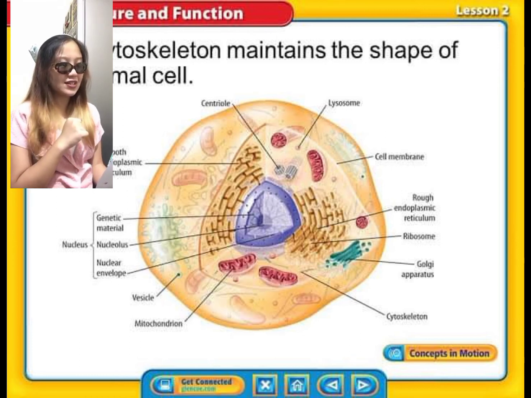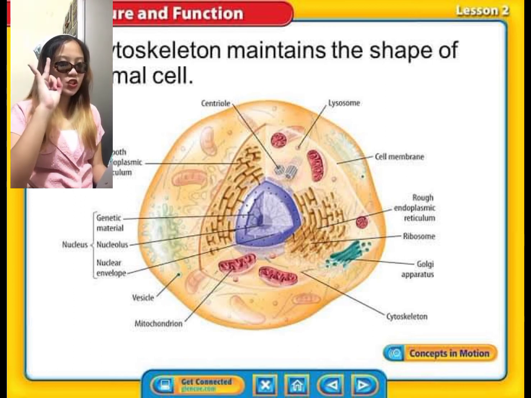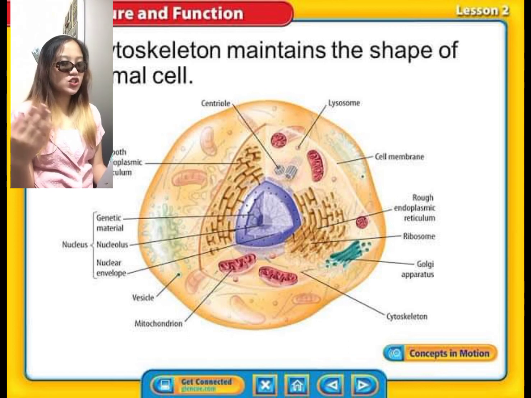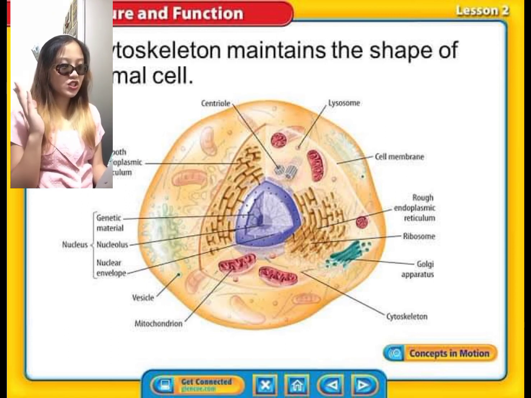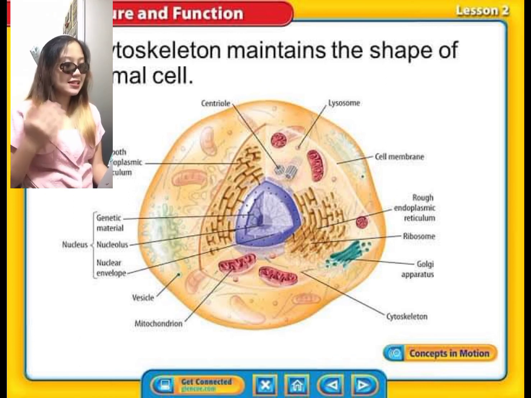It is divided into three different kinds: the microfilaments, microtubules, and intermediate filaments. Its function provides mechanical support to allow cells to move and divide. It also gives the cell its shape, gives strength to tissues to stabilize them, and holds organelles within the cell.